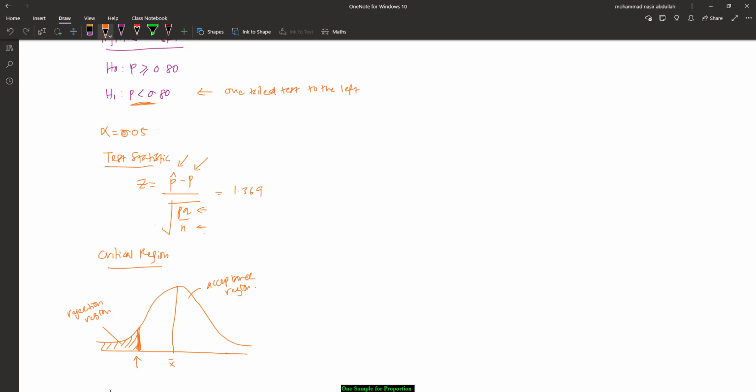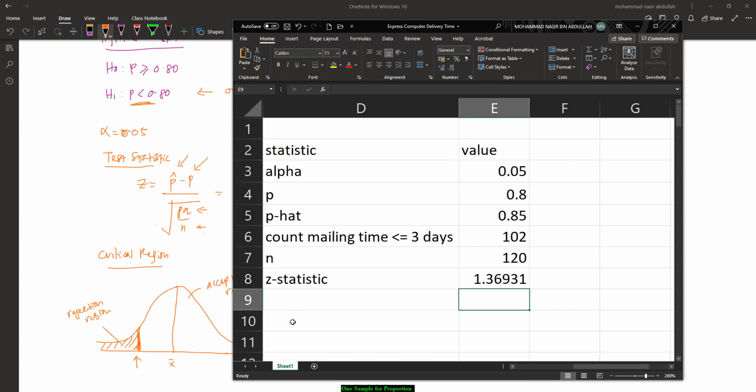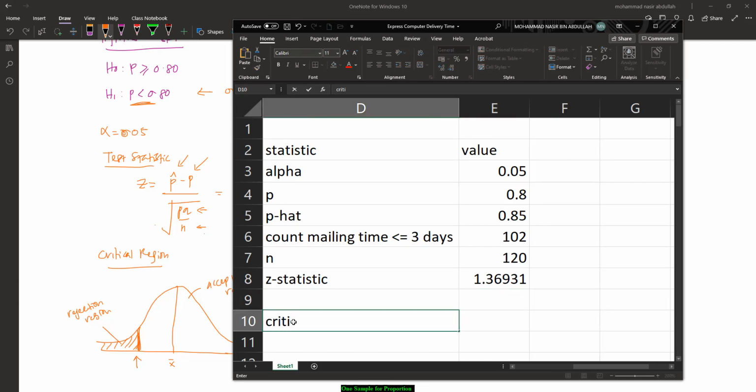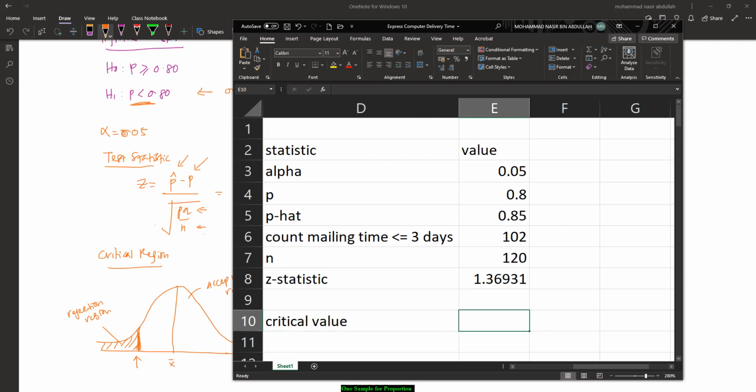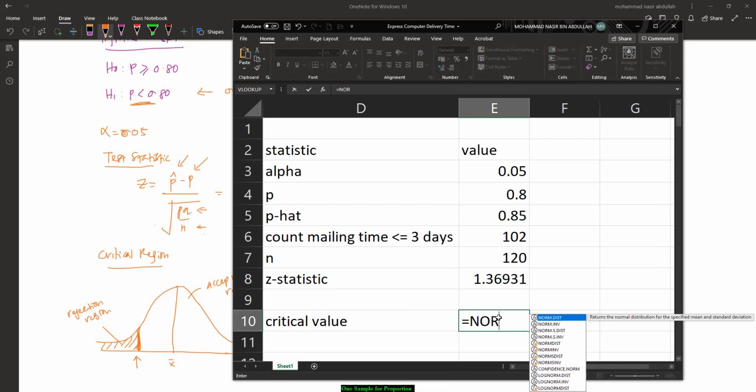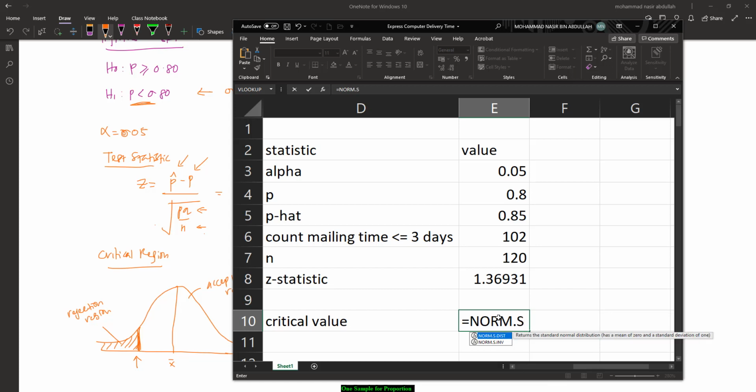So we want to know the critical value. For the critical value, we are going to use the inverse normal distribution, 1 minus alpha, where alpha is 0.05.